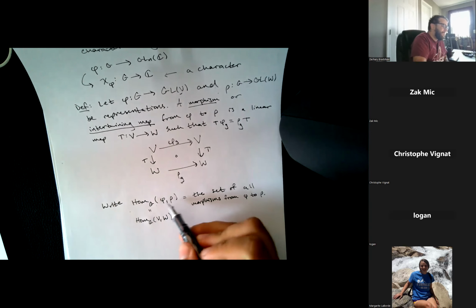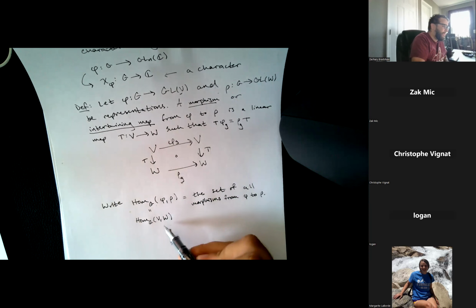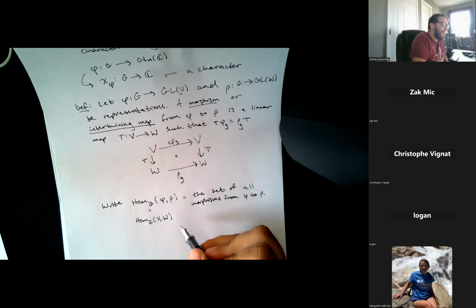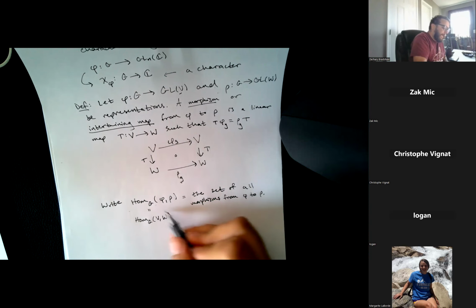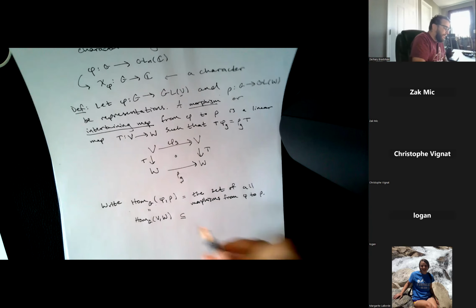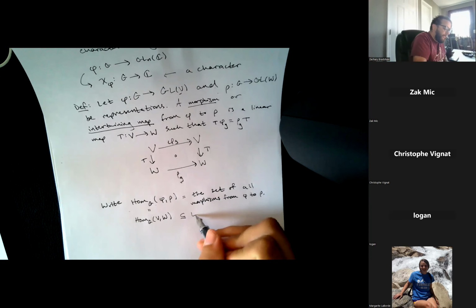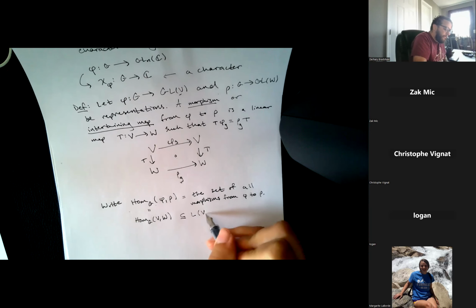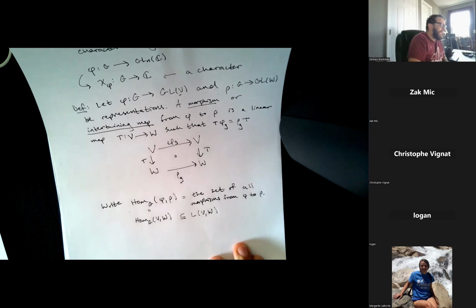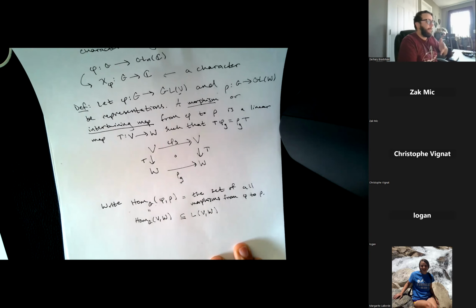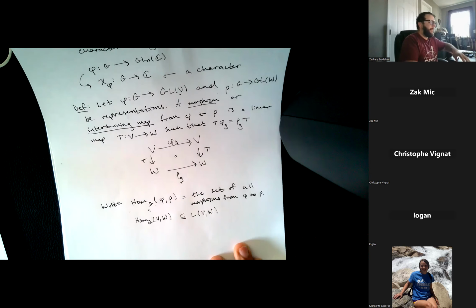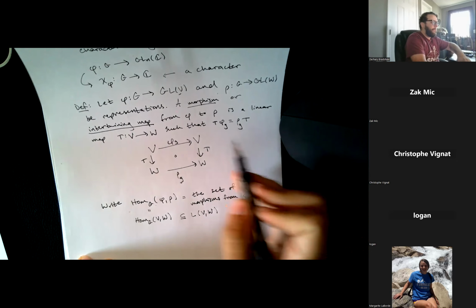I prefer this perspective, but I'm sure at some point we'll probably switch to the other one. I can't remember if Steinberg does or not, but I would guess that he does. Anyway, so notice that however you define this thing, this is a subset of the set of linear maps from V to W. It's just a set of linear maps from V to W that have this certain property. What property? This one here.